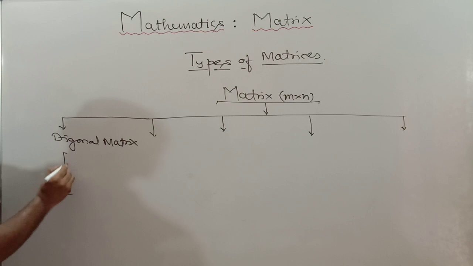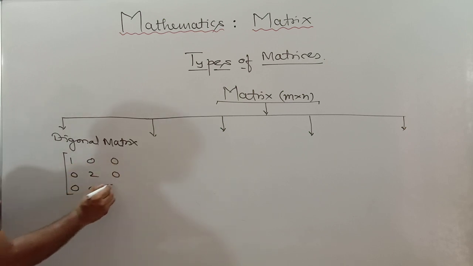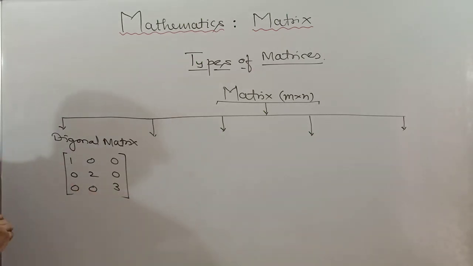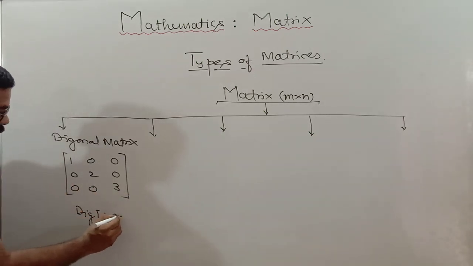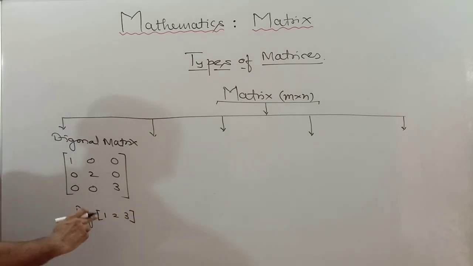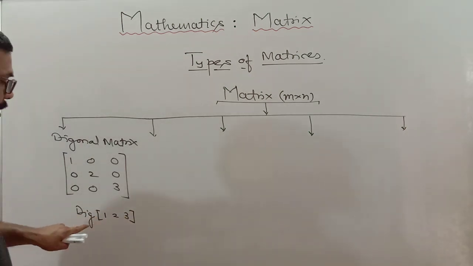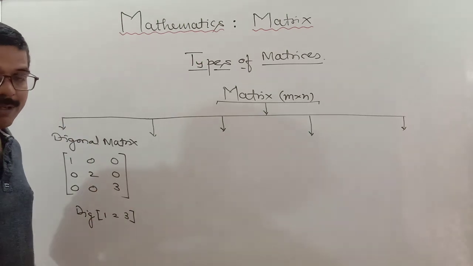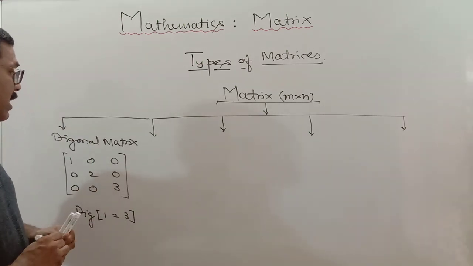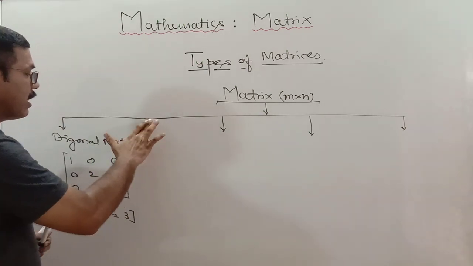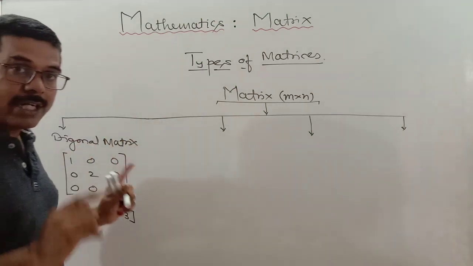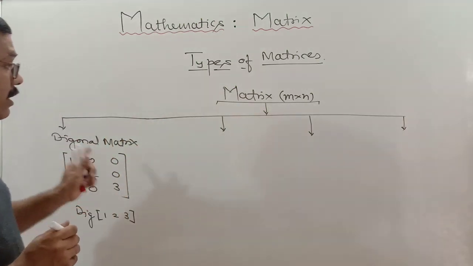In the sense 1 0 0, 0 2 0, 0 0 3, it is called the diagonal matrix. It is also represented as diagonal 1 2 3. You will understand that it is a 3 cross 3 matrix as 3 diagonal elements are there. You must understand that every diagonal matrix should be a square matrix.